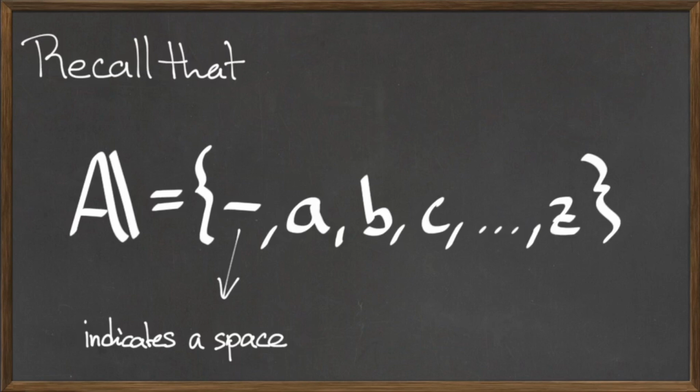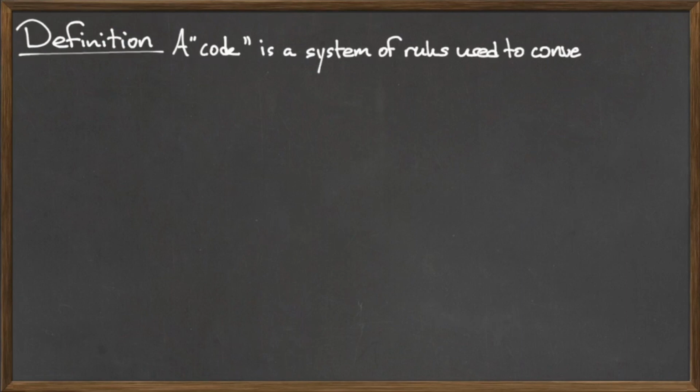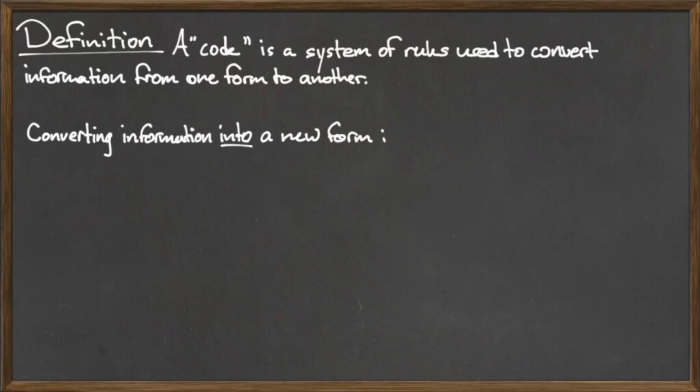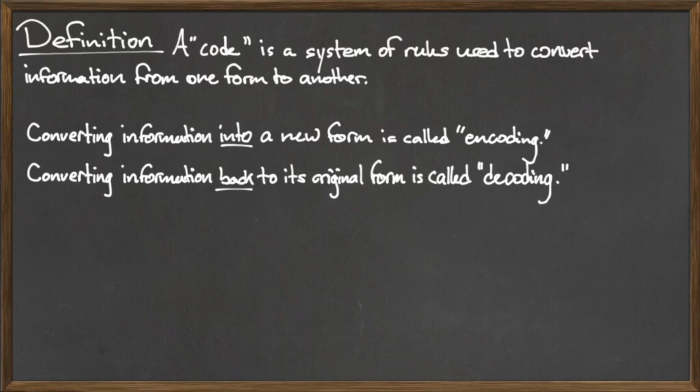series of numbers. To do this, we need to define a code. A code is a system of rules used to convert information from one form to another. The process of converting information into a new form is called encoding, while the process of converting information back to its original form is called decoding.